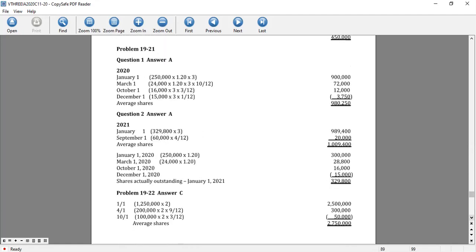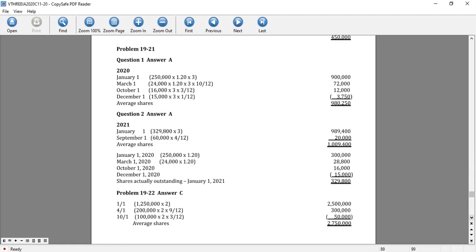So on January 1, 2020, we have 250,000 shares times 1.2. So we get 300,000.